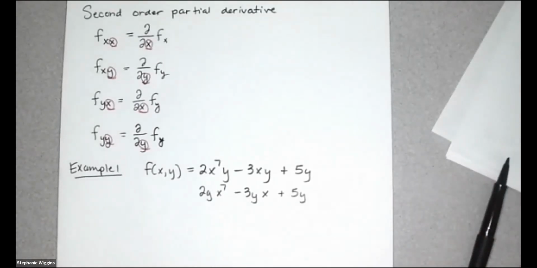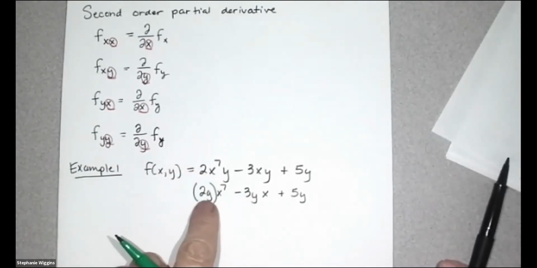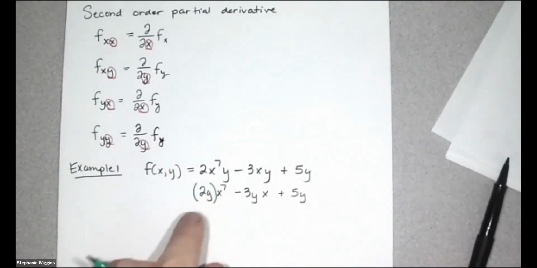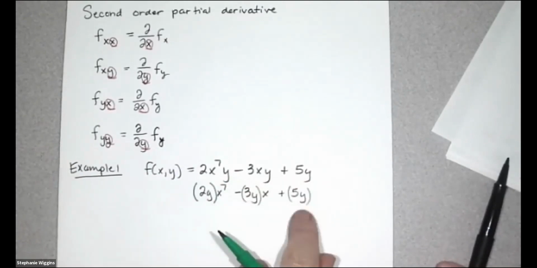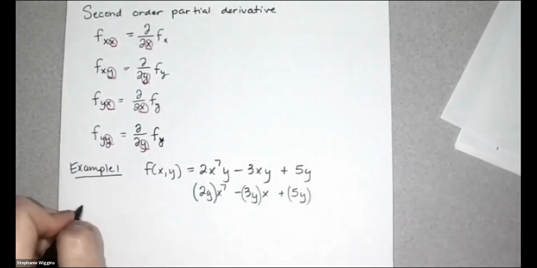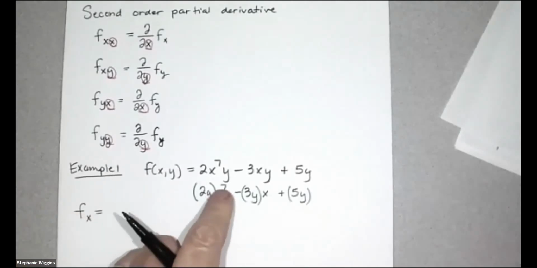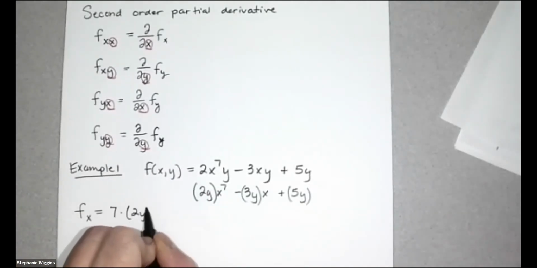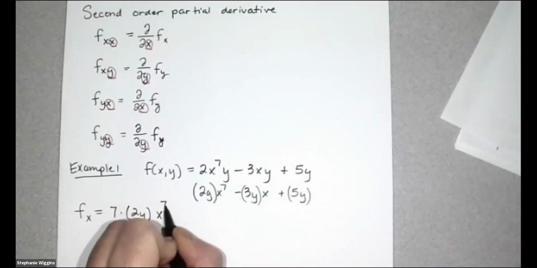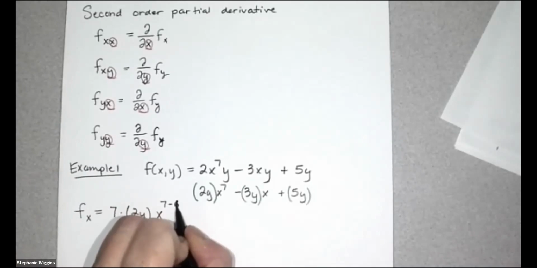And I'm going to take my marker in green and show you that I'm grouping these two together because they're constant. And then I'm going to group those together because they're constant, and then this is constant. Okay? So that means that my fx is going to be 7 times my 2y, and then I'm going to subtract 1 from 7.